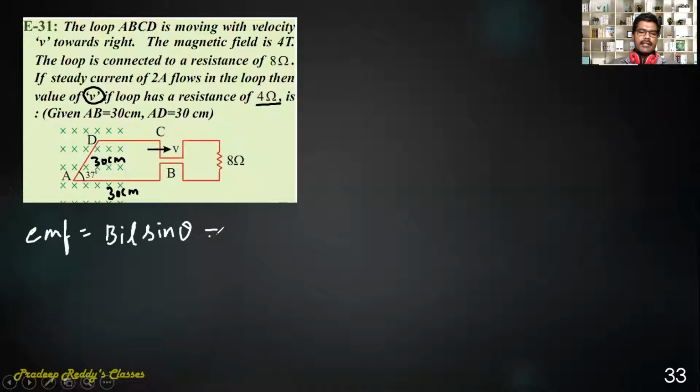So I can write this as B into the length of the conductor AD into sine 37.